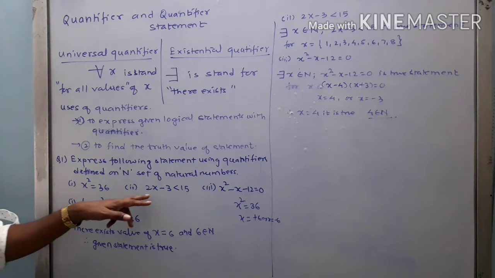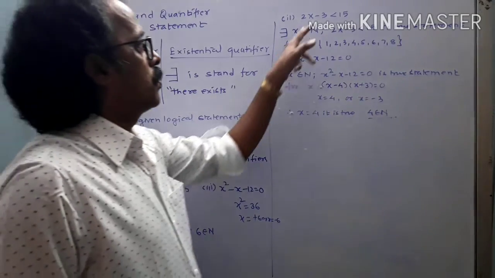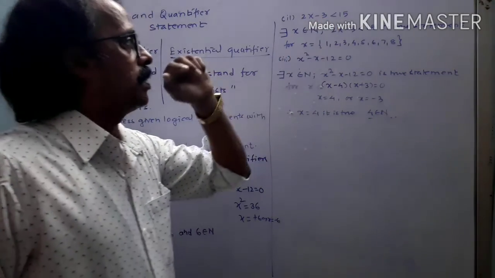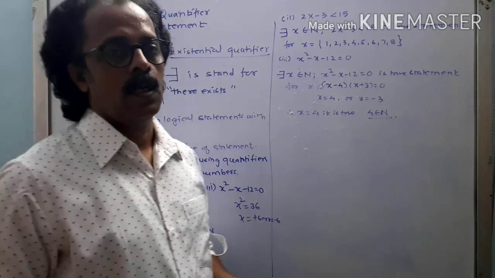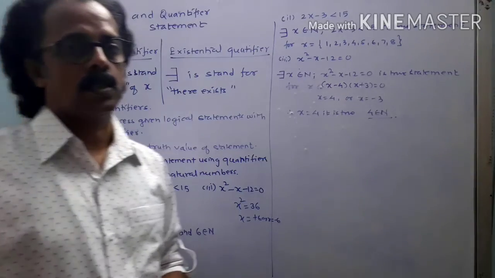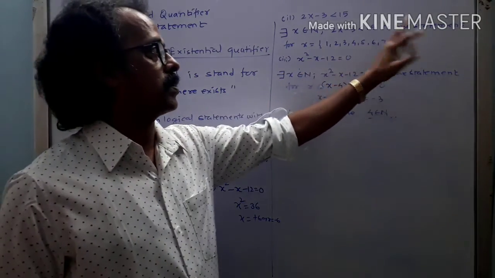The second example I gave you is 2x minus 3 less than 15. In short, 2x is less than 15 plus 3, 2x less than 18, so x is less than 9. Which are the natural numbers less than 9? 1, 2, 3, 4, 5, 6, 7, 8.